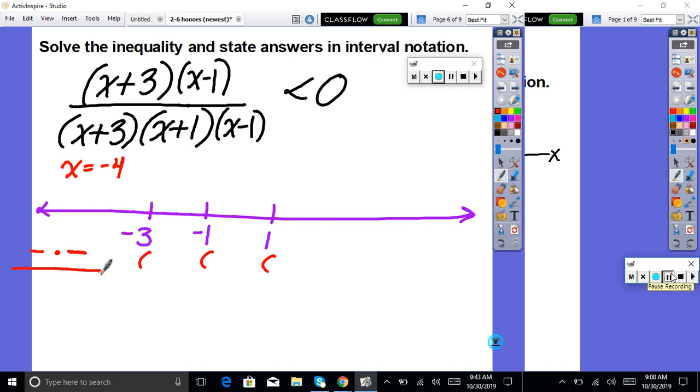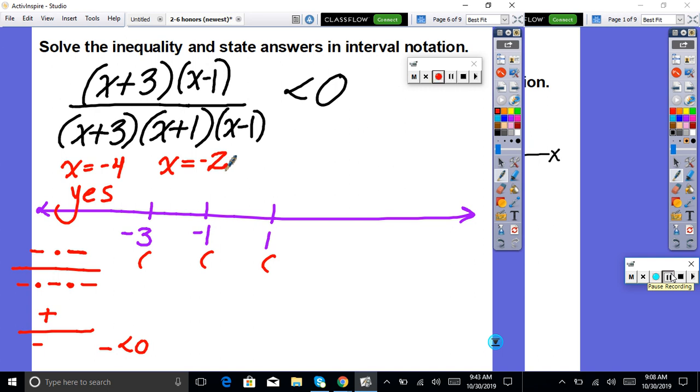Divided by, on bottom, a negative, times by a negative, times by a negative. So on top, we actually end up with a positive. On bottom, we end up with a negative, which is negative. A negative, is that less than 0? Yes. Okay.